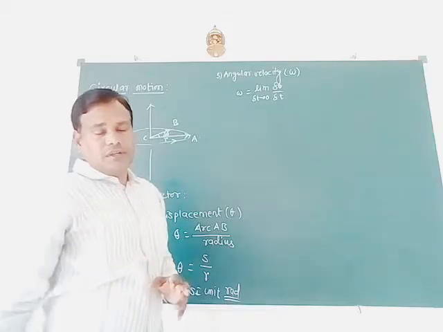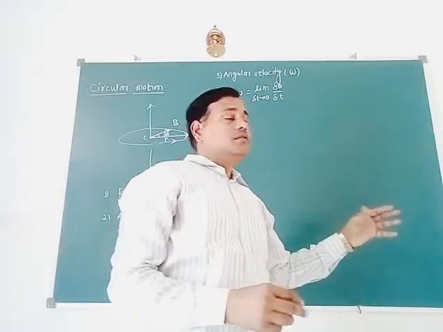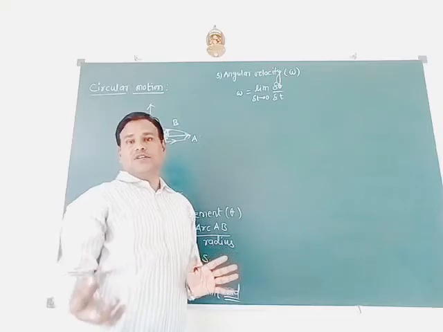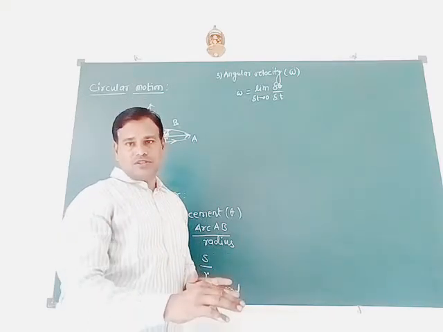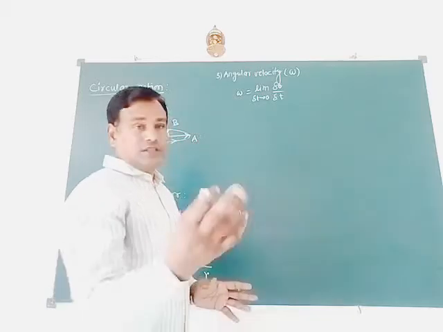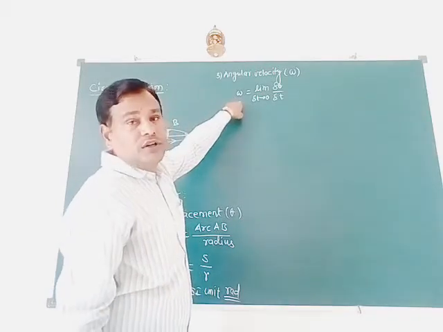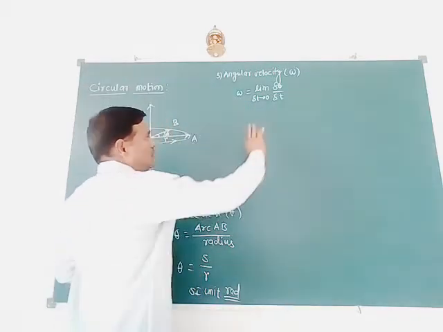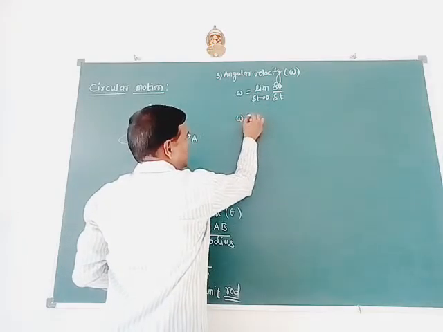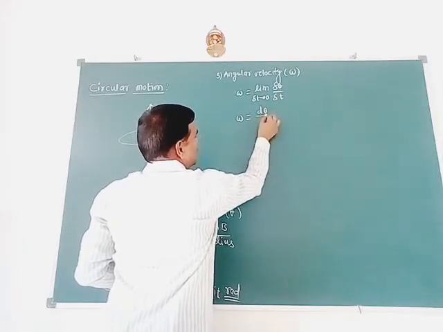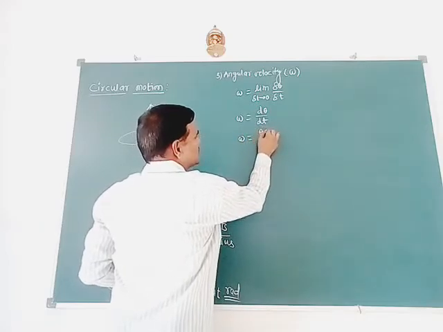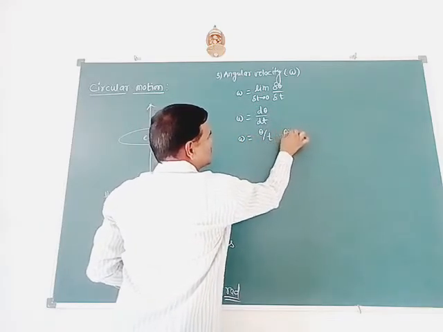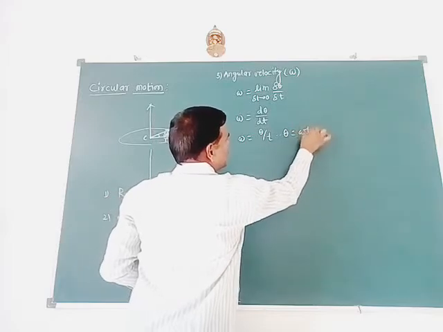The concept of instantaneous and average must be known. We have studied in one-dimensional motion instantaneous velocity, instantaneous speed, instantaneous acceleration, average acceleration, etc. Similarly here we use instantaneous angular velocity. Generally you can write this omega as d theta by dt. Also you can write omega as theta by t. So angular displacement can be written as omega into t.